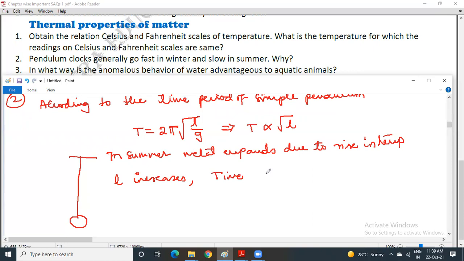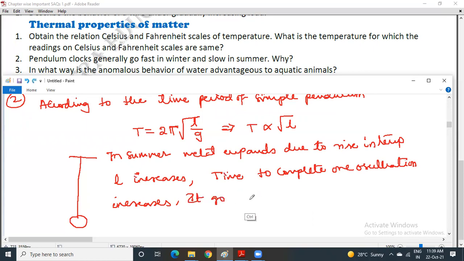Time to complete one oscillation increases. So this is in summer, therefore it goes slow.